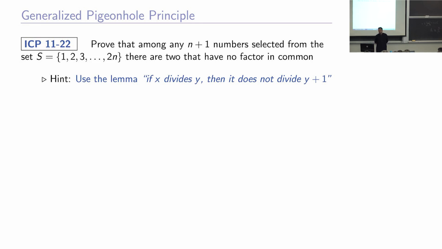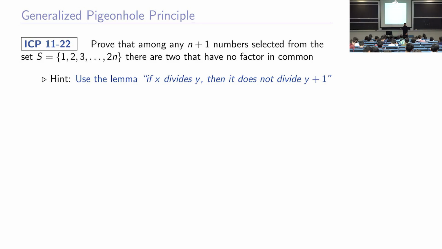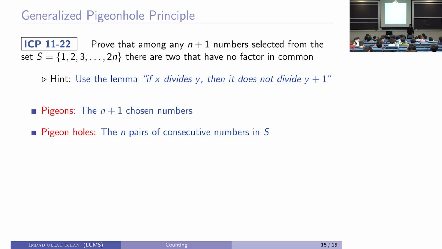In my case n was 10 and 2n was 20. So choose any n plus 1 numbers among the first 2n, and you must choose 2 consecutive ones, and 2 consecutive numbers do not have a common factor. The pigeons will be the n plus 1 chosen numbers. The pigeonholes will be n, these consecutive pairs.